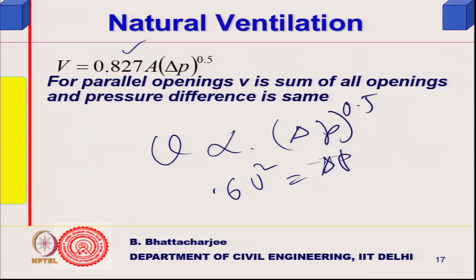So 1 by 0.6 under root comes from there, and the R also is involved.